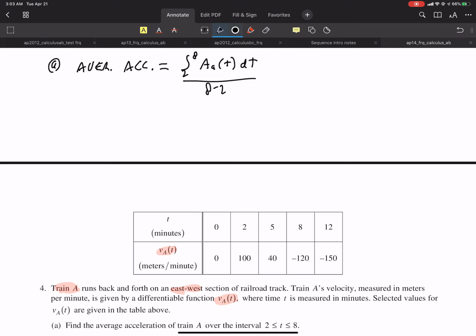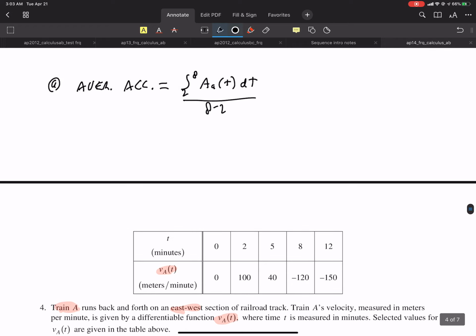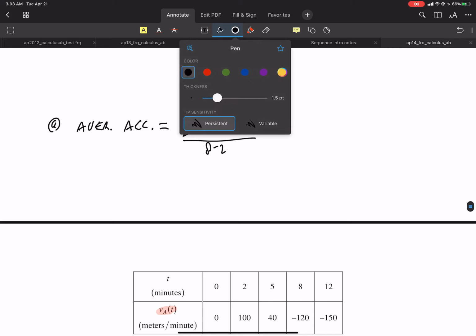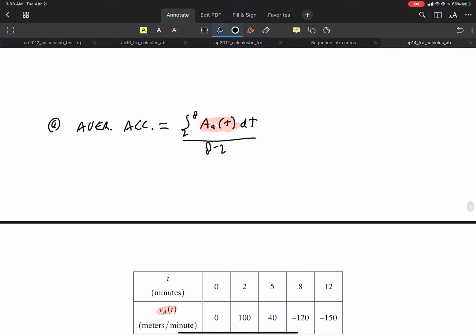You might want to state, because we haven't defined what AA of t is, so that you don't confuse the grader, I probably should have said that AA of t equals the derivative of the velocity. Acceleration, derivative of the velocity.